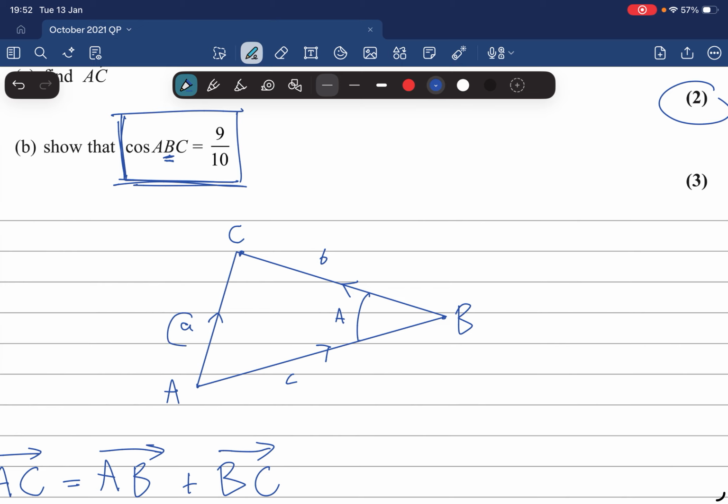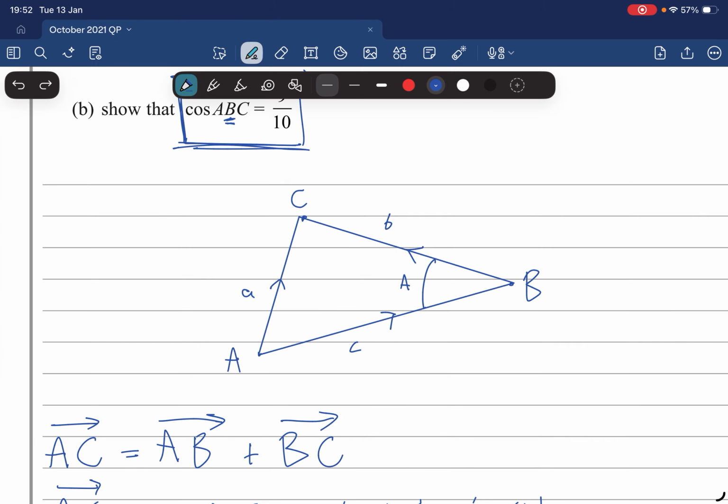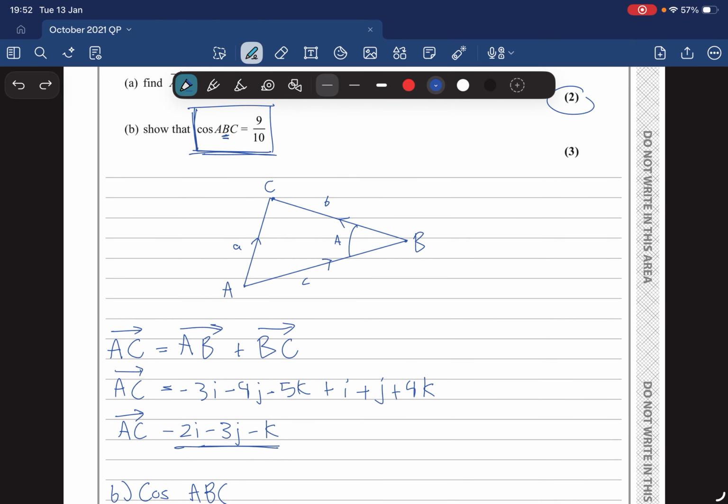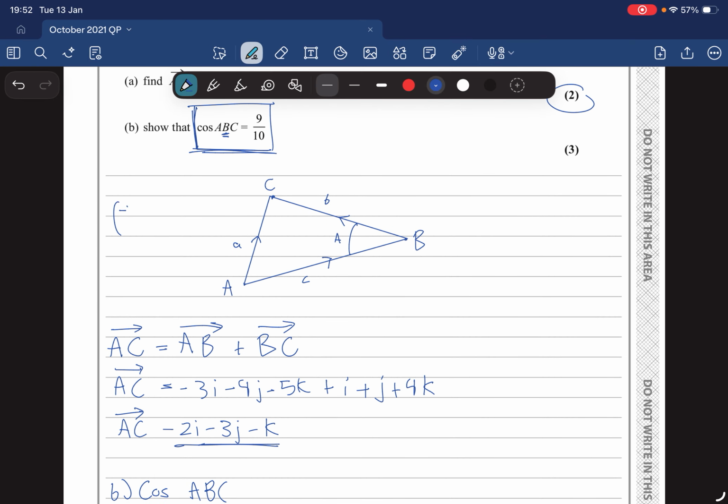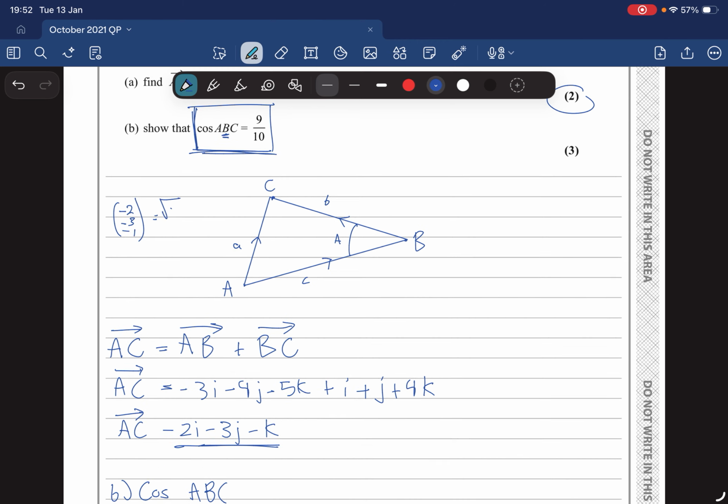Now to find a, b, and c, this is pretty simple. We just find the magnitude. So the magnitude of A to C, which is minus 2, minus 3, minus k, is equal to the root of 2 squared plus 3 squared plus 1 squared. Doesn't matter about the minuses or pluses, they all become positive either way. That would give us root 14.